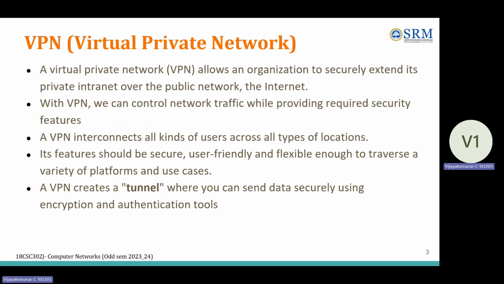So the only solution is the VPN, virtual private network. A virtual private network allows you to securely extend your private intranet over the public network. Using this VPN, you can control your network traffic. At the same time, you can provide required security features to your network.